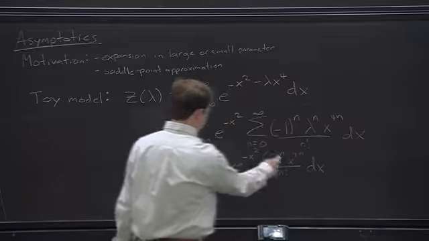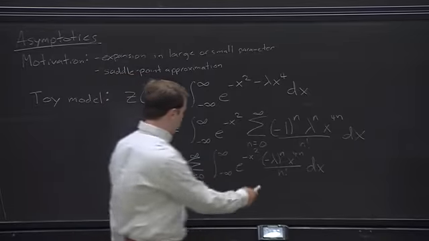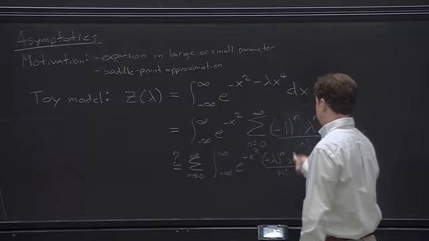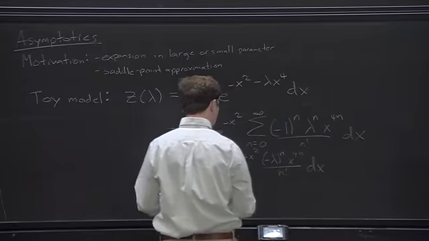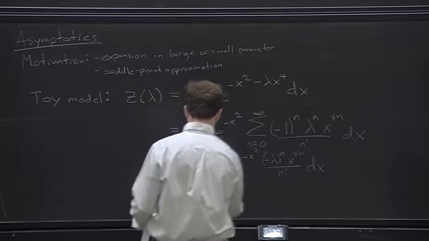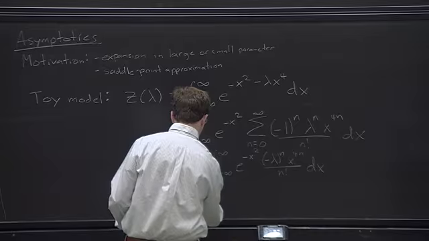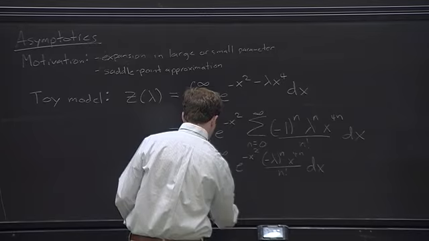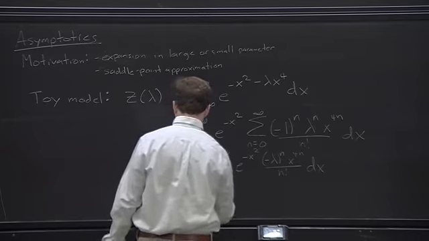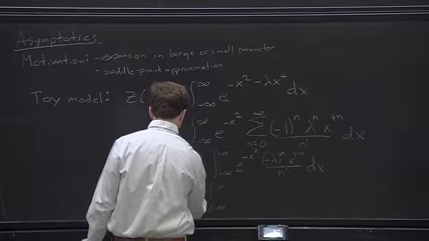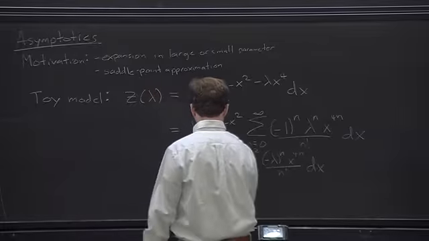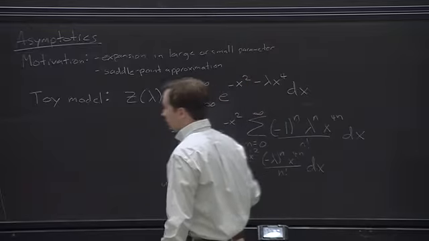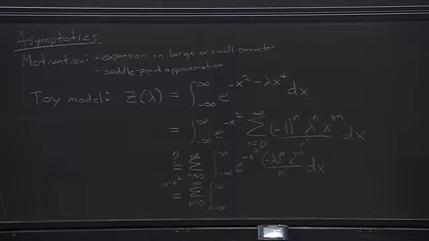So one way we can do this is using techniques in tutorial. Another way we can evaluate each of these integrals is by making a change of variables. If we let u equals x squared, then this e to the minus x squared just becomes e to the minus u, and then we've got some power in front, so it looks like a gamma integral.